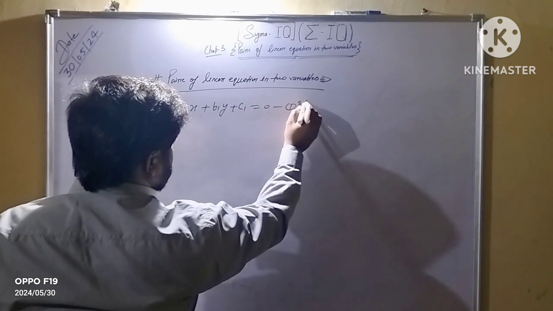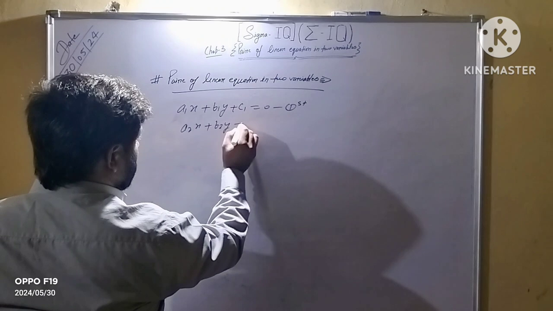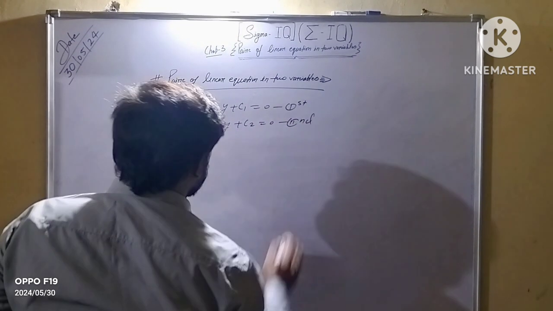This is equation number first. a2x plus b2y plus c2 equal to 0. This is equation number second.